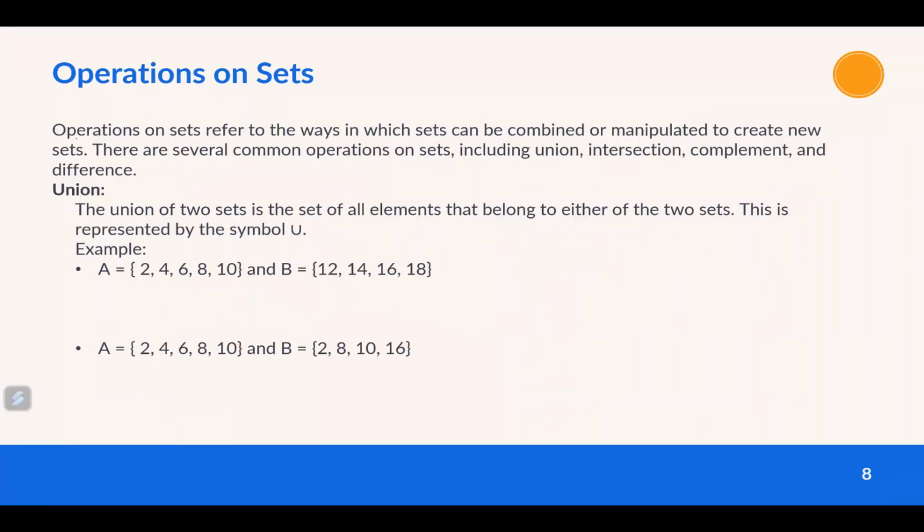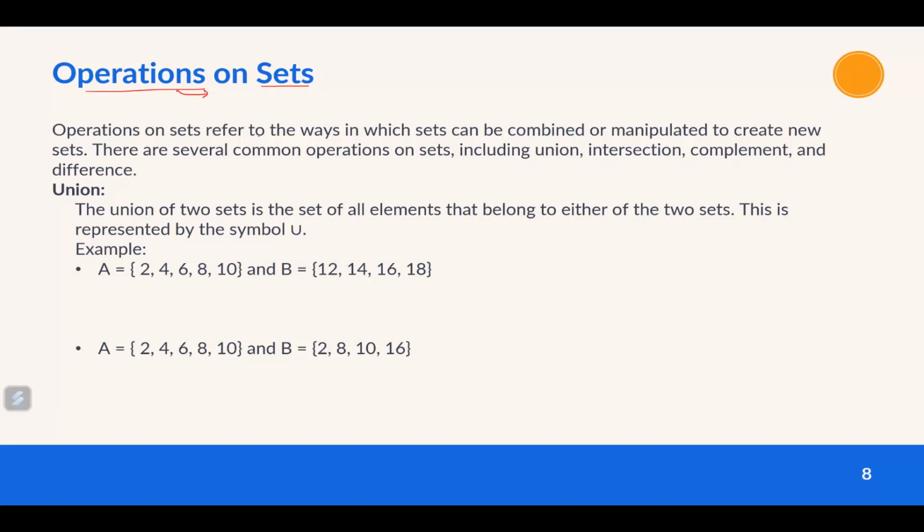Now we will see how different operations are performed on sets. Previously we have seen what notation is used for sets, what the different kinds of sets are, and what equal sets are. Now we will see how we operate on sets. So what are operations on sets?